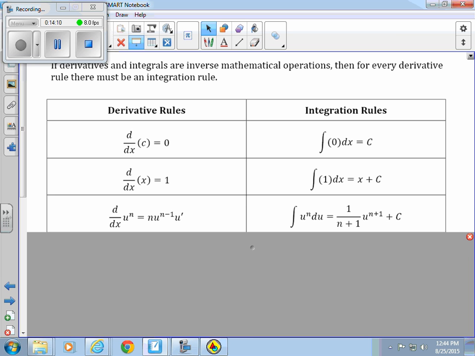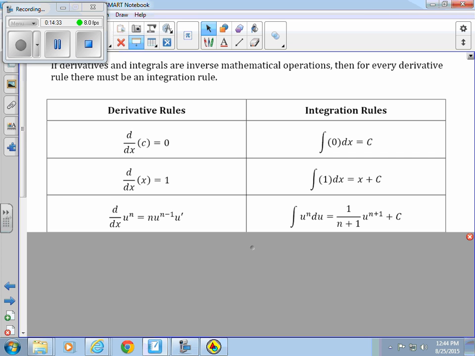Here's the power rule. The derivative of the power is bring the power down front, subtract 1 from the power. They do have chain rule here. We're going to ignore chain rule for today. We'll talk about it on a much later date. So I have the integral of u to the n du.